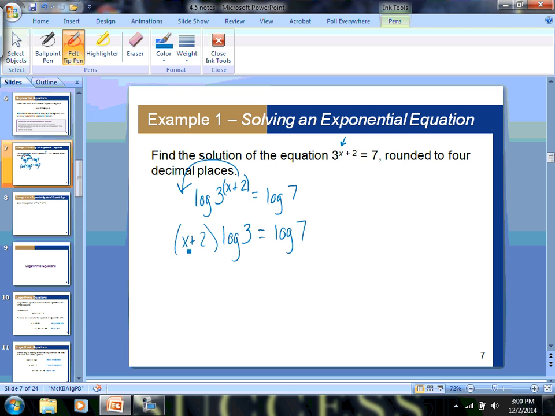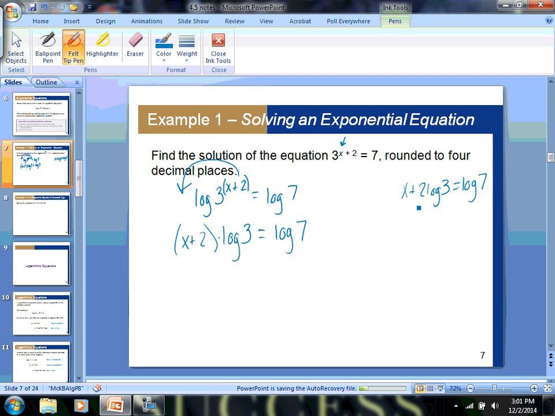So that x, when I drop it down, is still being added to the 2, and then that whole thing is being multiplied by the log 3. Sometimes if students don't write it properly, they have x plus 2 log 3 equals log 7, which is also a legitimate logarithmic equation to solve, but it's not what is going on here in this situation.